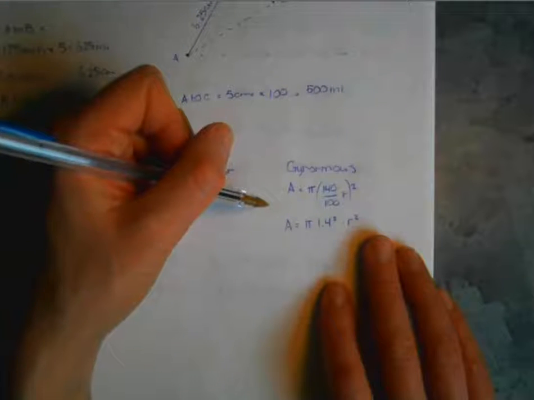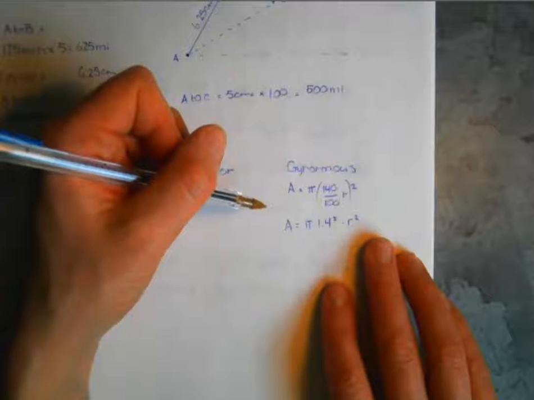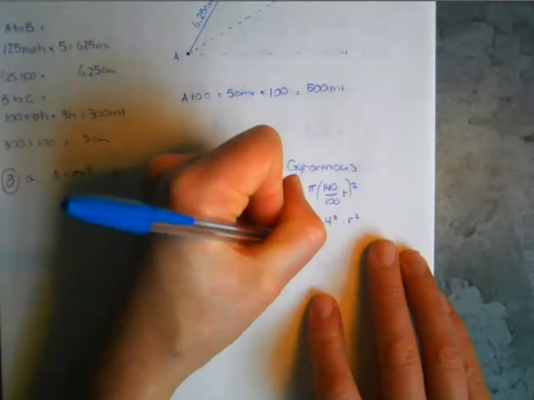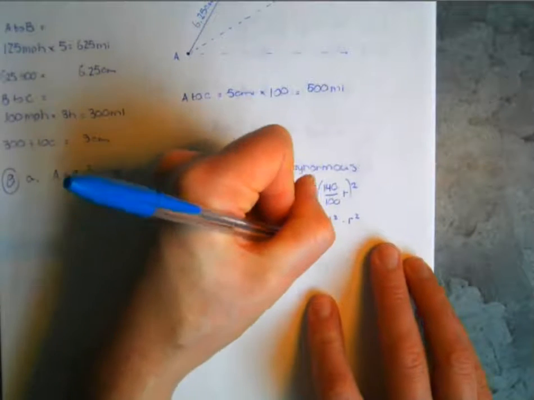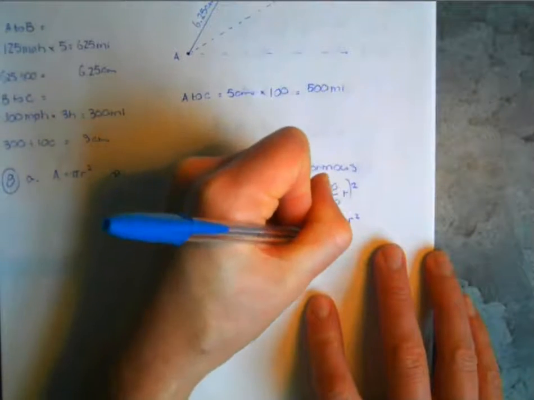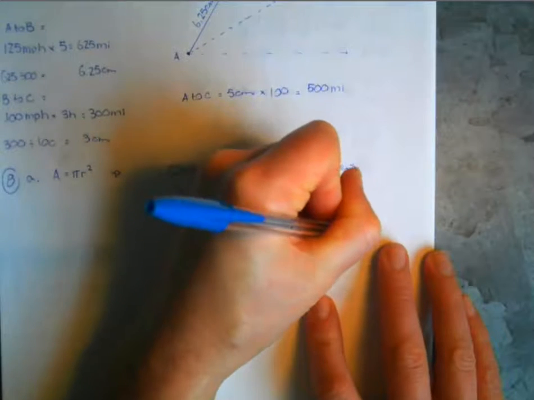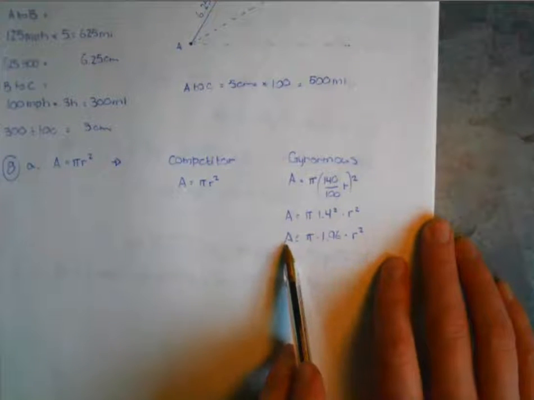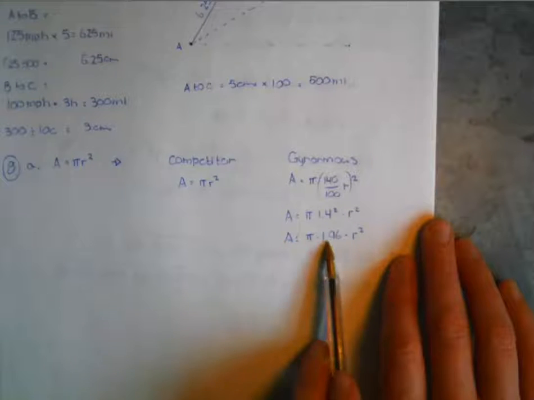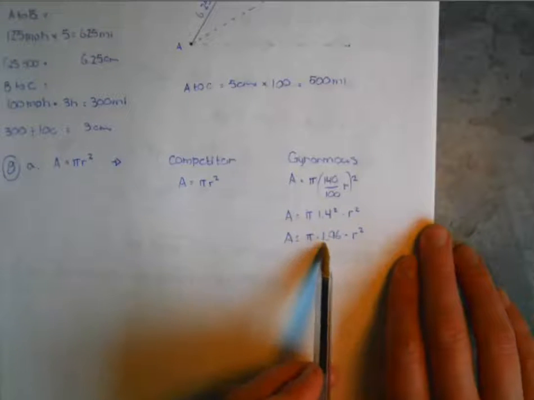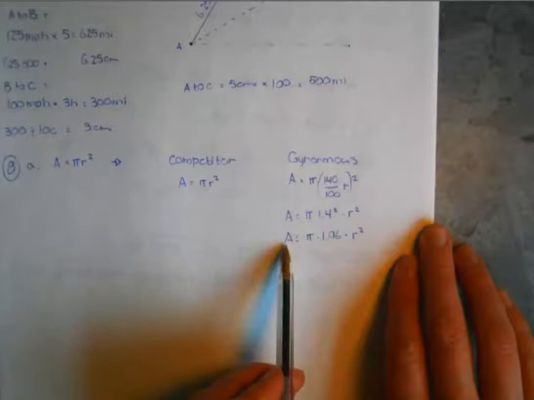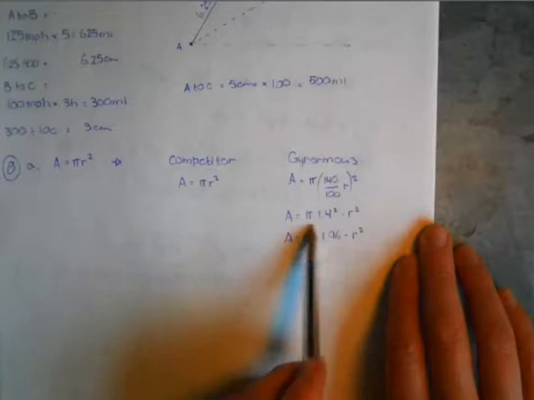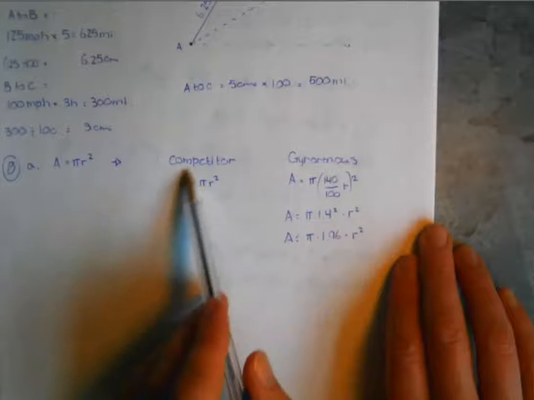The reason why I like to write it out like that is because it helps me to see that if I actually multiply that value, 1.4 when we square it gives us 1.96, and then we have radius squared here. So when I have a formula like this where everything is just being multiplied through, this side is area equals pi times radius squared, the original, like the competitor's pizza.